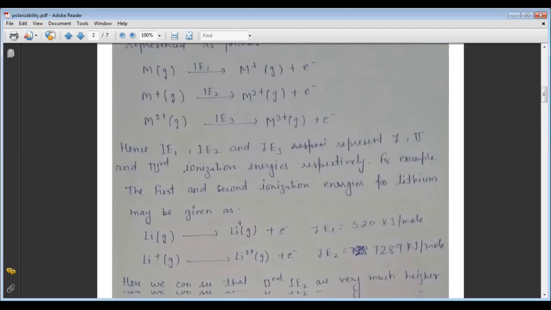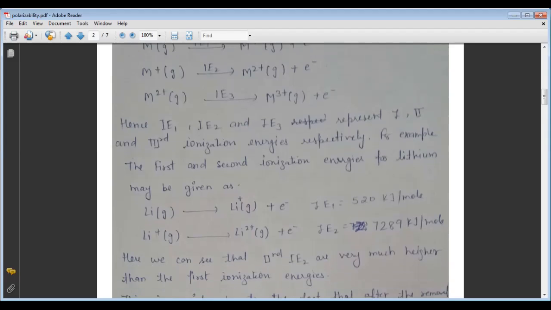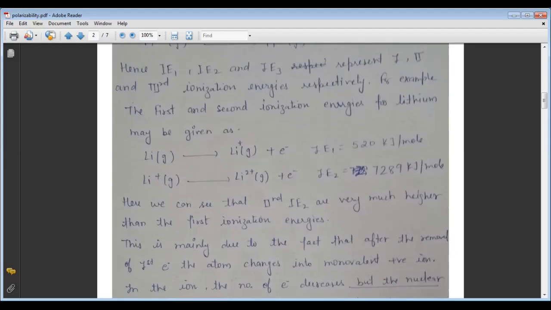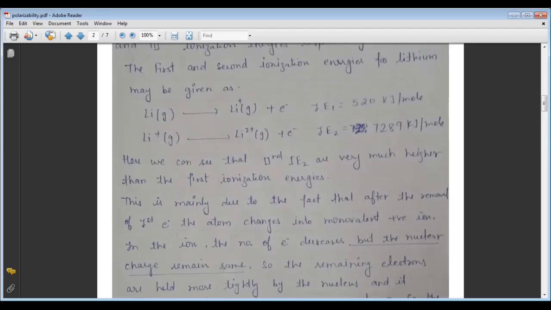For example, the first and second ionization energy for lithium. Lithium in the gaseous state converts into the cation, Li positive, by losing an electron, and the first ionization energy is 520 kilojoule per mole.